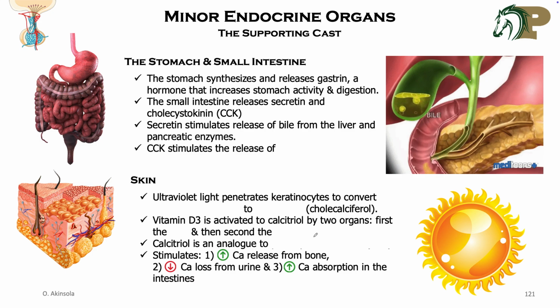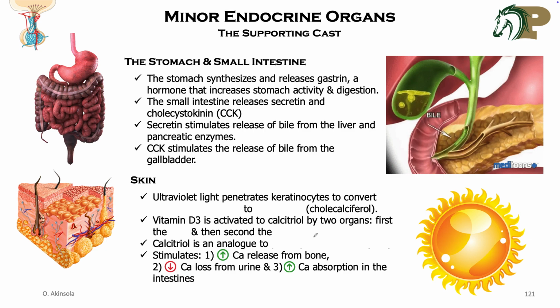This will help to break down food. CCK or cholecystokinin will stimulate the release of bile from the gallbladder. Okay. So bile is actually stored in two places, the liver and gallbladder. Those two hormones will modulate the release of that substance from both places.